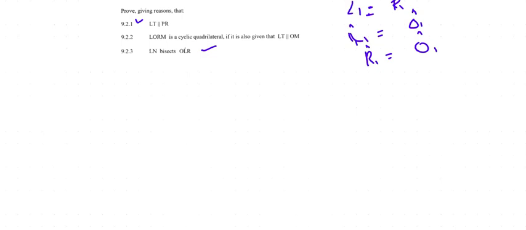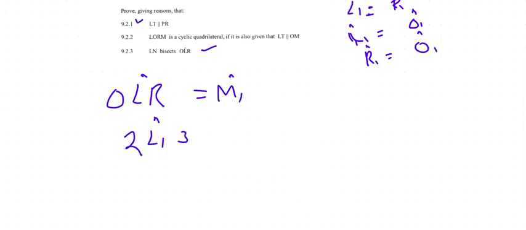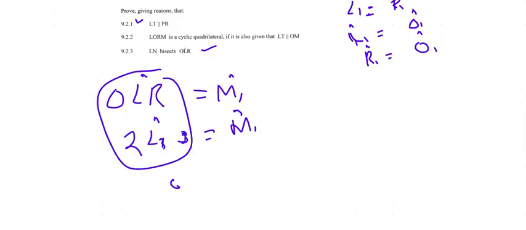OLR equals M1, and 2L3 equals M1, so these are equal. We can write OLR equals 2L3.